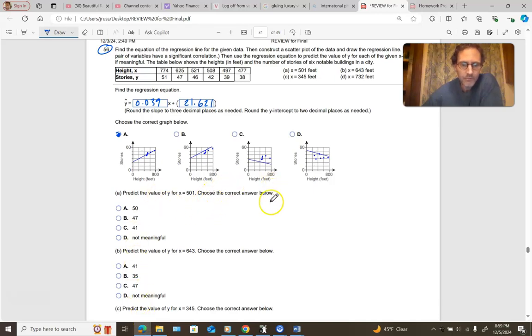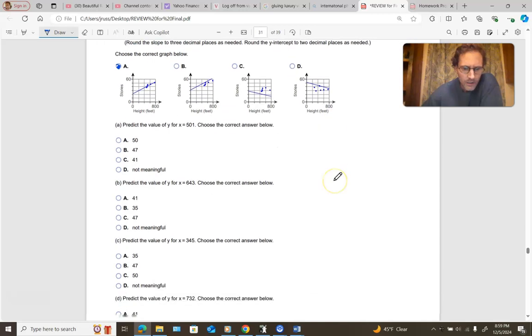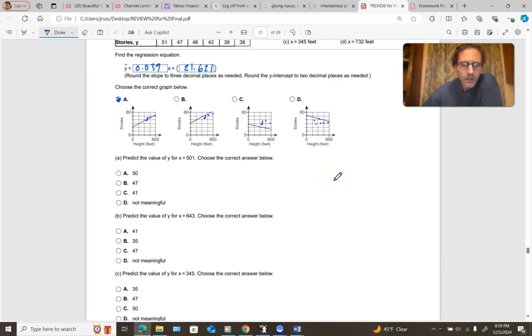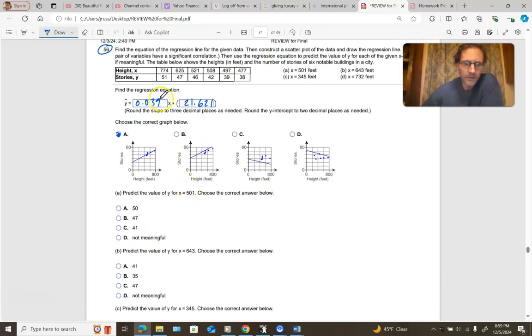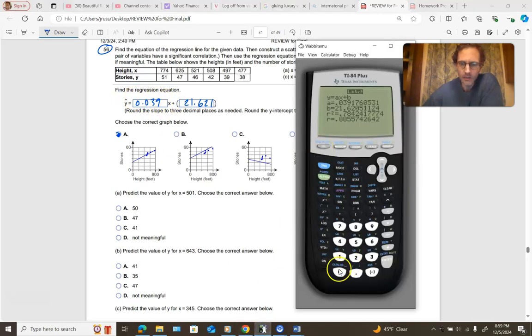So I'll go ahead and do this first one. When x is 501, you just plug that in right here using your calculator. So you'll say 0.039 times the value for x, which is 501, plus the 21.621.